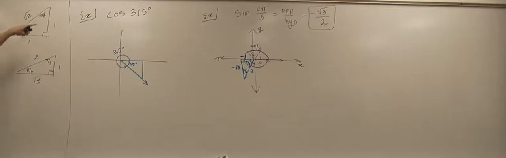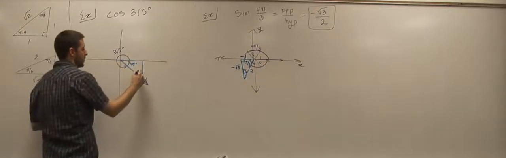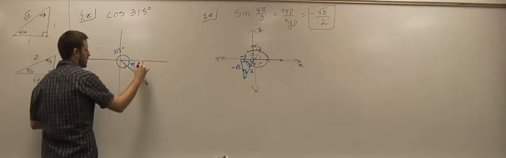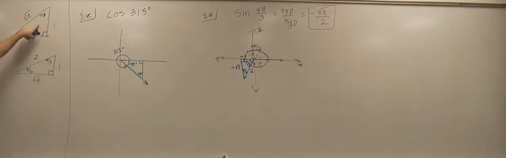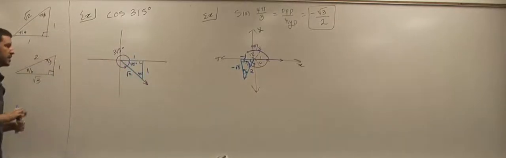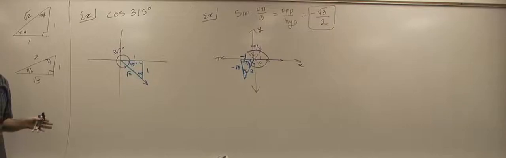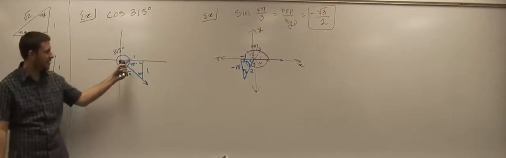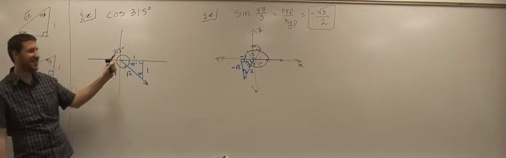Because it's 45 degrees, I know I have a 45-45 right triangle, so I know I'm dealing with this schematic. I label the side lengths 1, 1, root 2. That'll work, but you have to have your signs right. S-I-G-N-S.